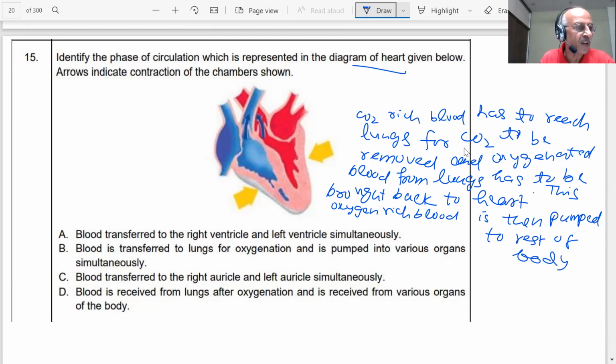What is the correct answer of this question number 15? Blood transfer to right ventricle? No. Blood is transferred to lungs for oxygenation and is pumped into various organs simultaneously. So answer B is the correct answer as we have explained here.